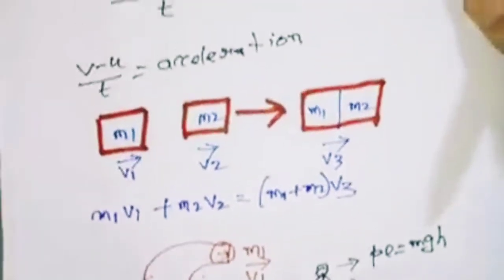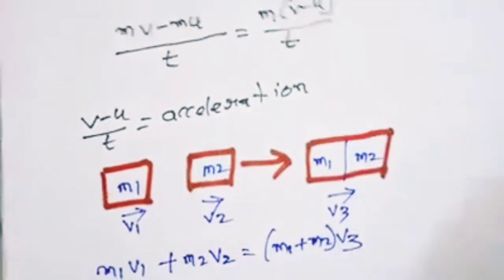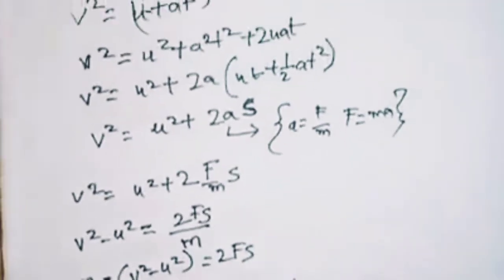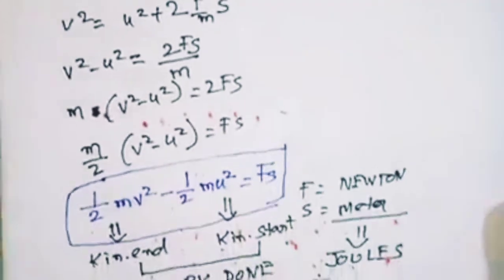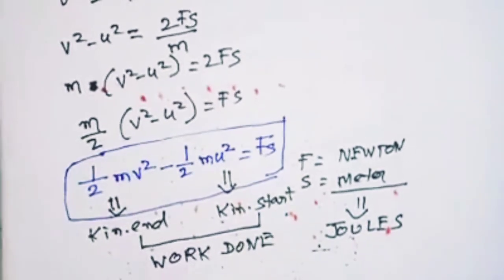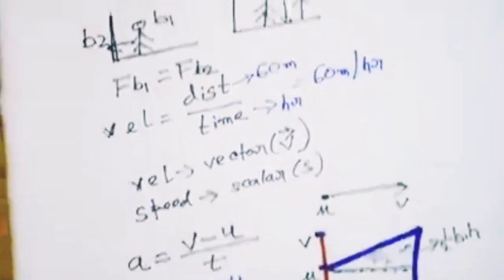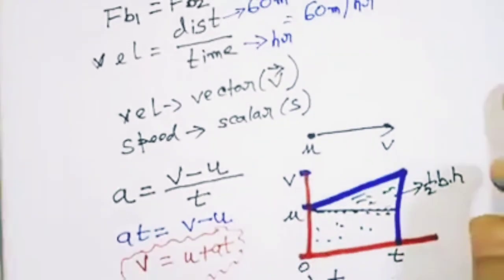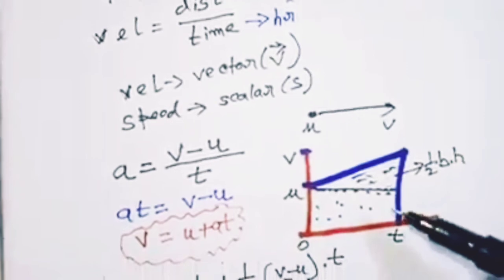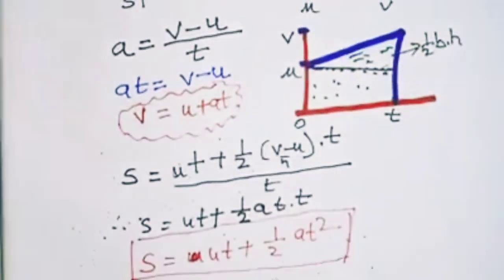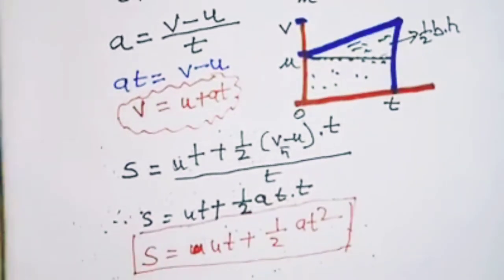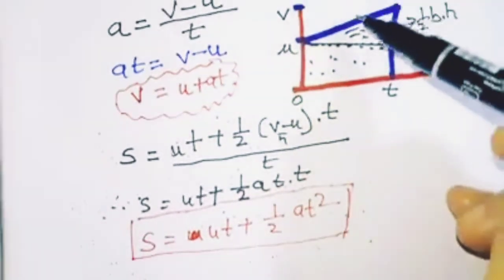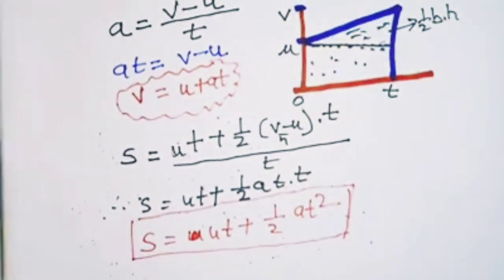This is the concept of momentum, where we have seen the law of conservation of momentum. This is how we have arrived through different calculations at work done and how we can deduce it. We started with force equals mass times acceleration, deduced the values, and calculated the distance from this rectangle and this part.